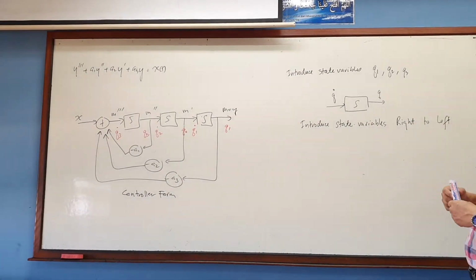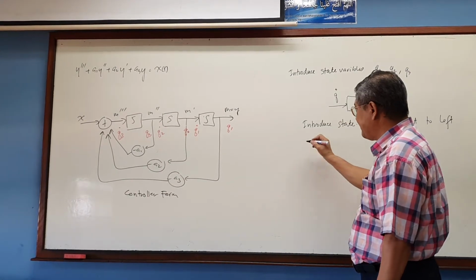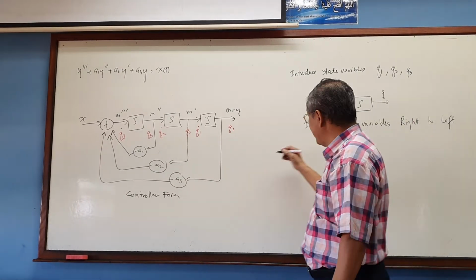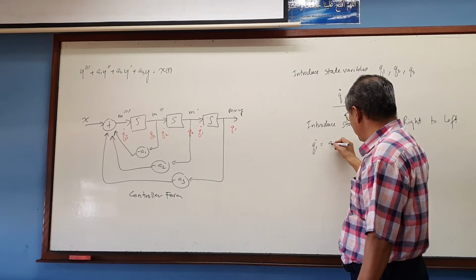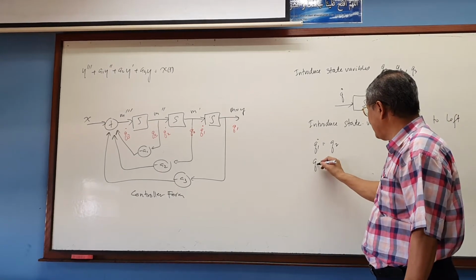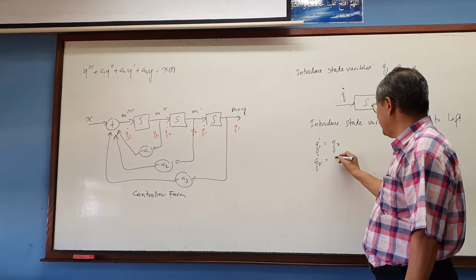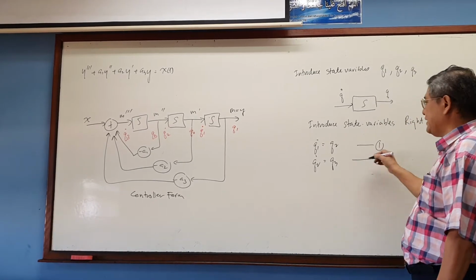Based on the simulation diagram, the first one that we have: from that simulation, you observe that Q1 dot is equal to Q2, and then Q2 dot is equal to Q3. So this one will be the first equation, then the second equation.